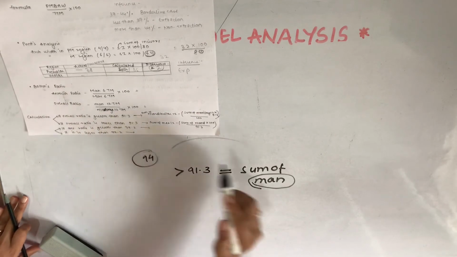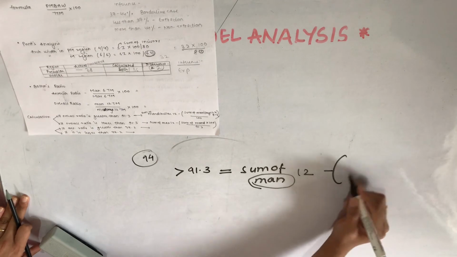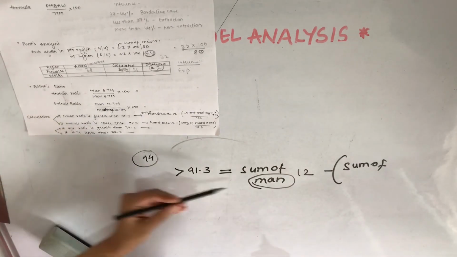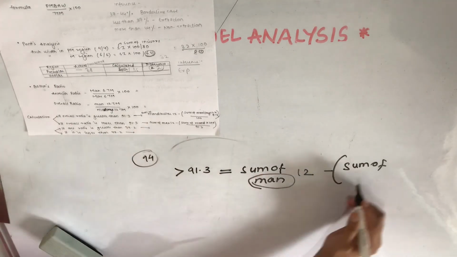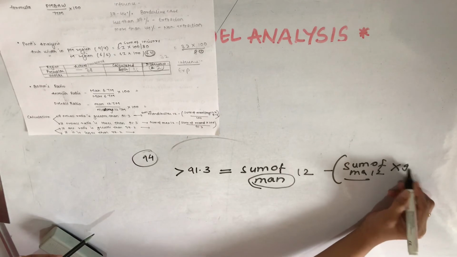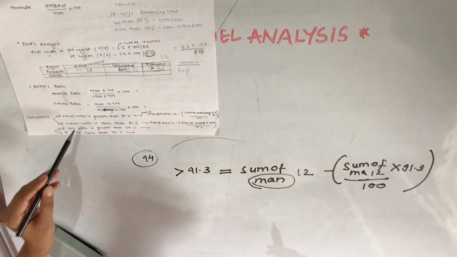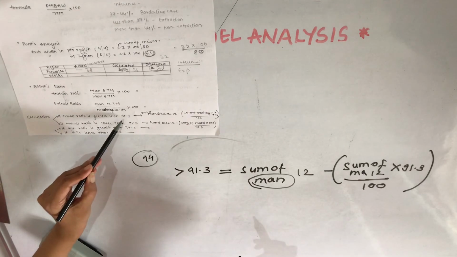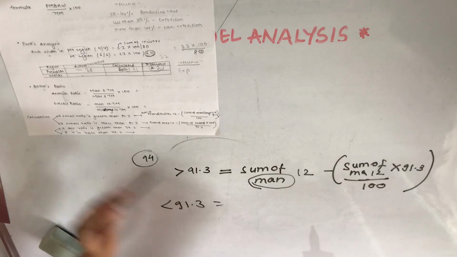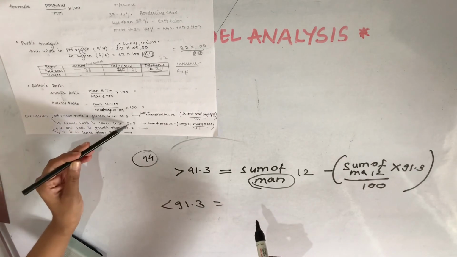So what you are doing is the sum of the mandibular 12, which comes out of the bracket, minus sum of the maxillary. Whatever the sum of mandibular 12 was, you write it over here, minus sum of maxillary 12 into 91.3 upon 100. So this is the formula for overall ratio if it is greater than 91.3. But if it is less than 91.3, in that case your maxillary is in excess, and because of that it is coming less than 91.3.